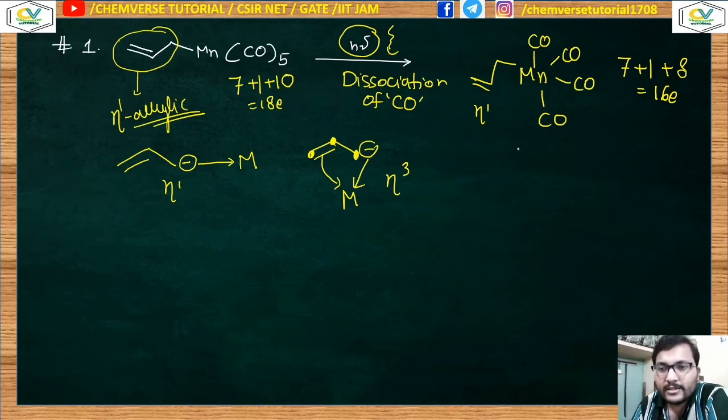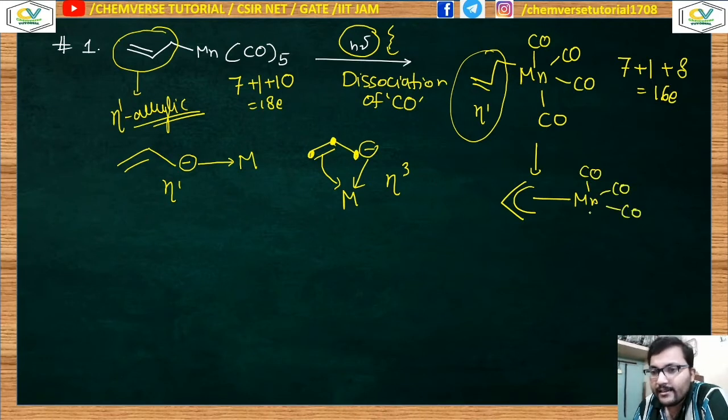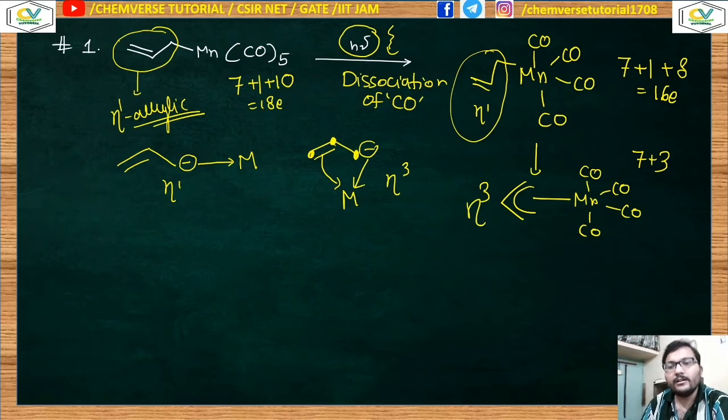So as a result, this hapto-1 allylic ligand is now changed into a hapto-3 allylic ligand. So it is now 7 for the valence electrons of manganese, 3 from this hapto-3 allylic ligand. As I have said, the hapticity is the number of electrons donated, and for 4 carbonyls, 8, so overall 18 electrons. So this will be your product.